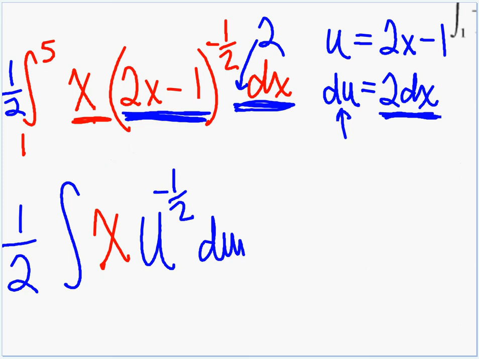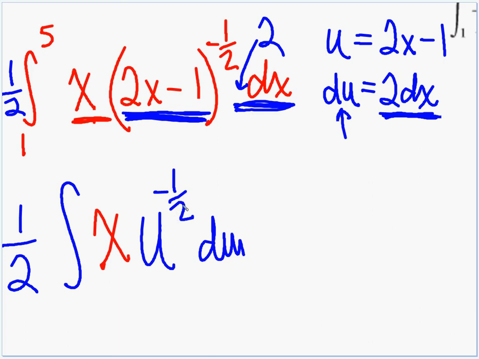Let's find a new top and bottom number. So I'm going to take this old top number 5, and I'm going to plug it into my u over here, 2x minus 1. 2 times 5 is 10, minus 1 is 9. Now I just noticed I'm doing this problem fairly differently than I've done it in the past, but let's keep moving on and let's see if this works out this other way.